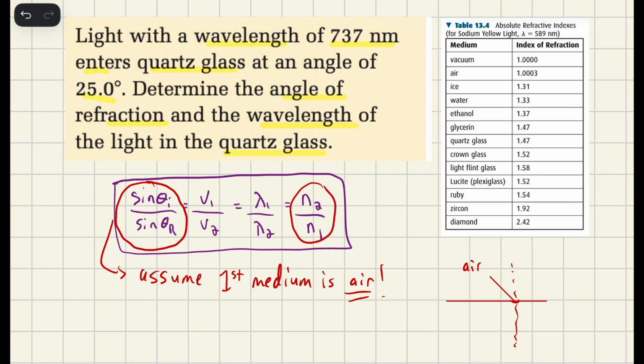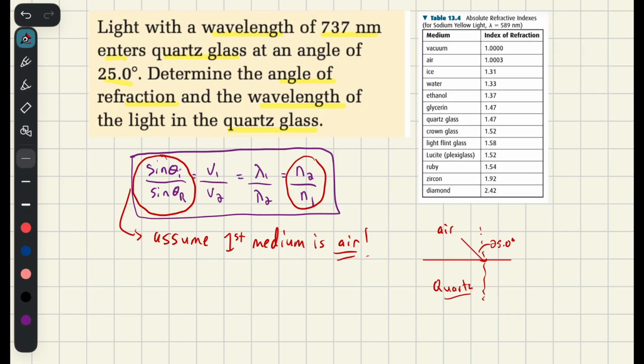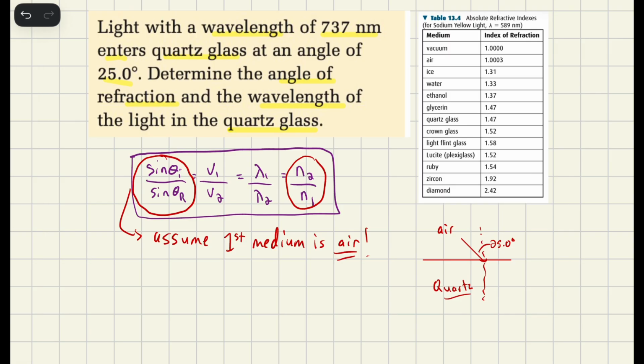So here, when I draw the diagram, I have light through air coming in at an angle of 25 degrees, and then it's going to refract as it enters the quartz. We're then going to use the Snell's law formula, and we're going to isolate first for the angle of refraction for the quartz. So that's theta 2 that we want here.